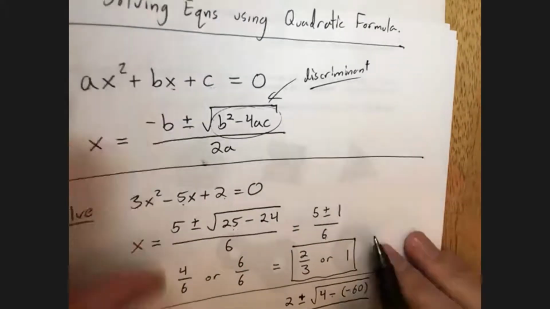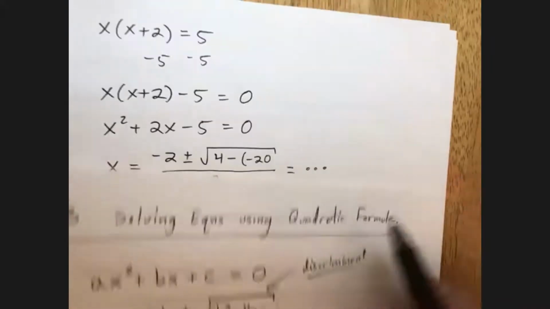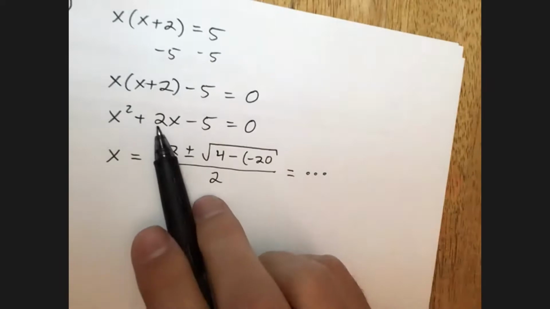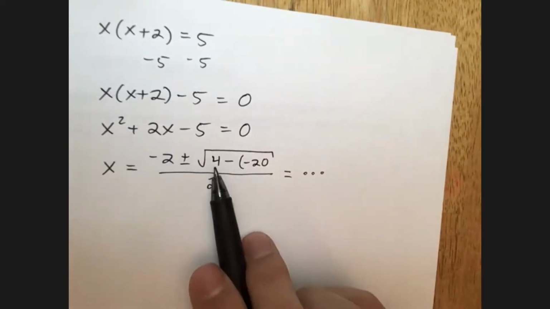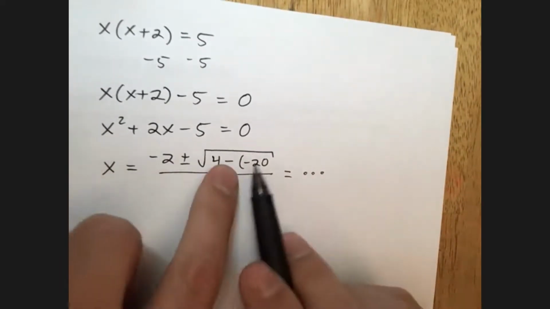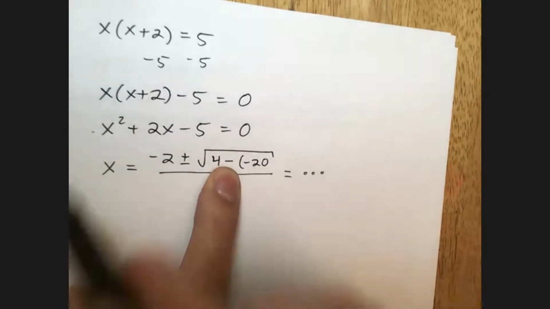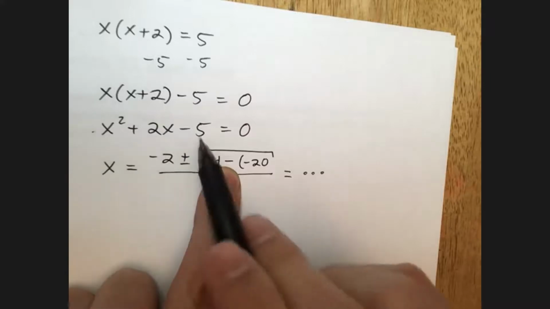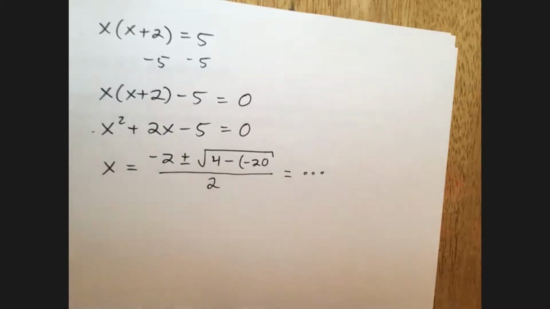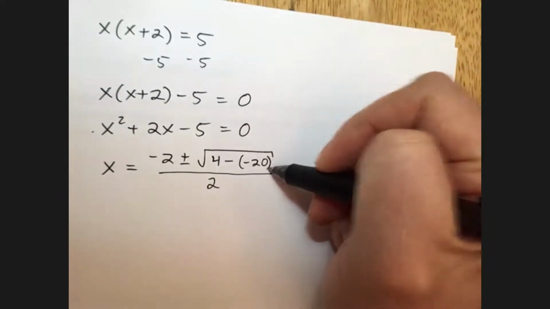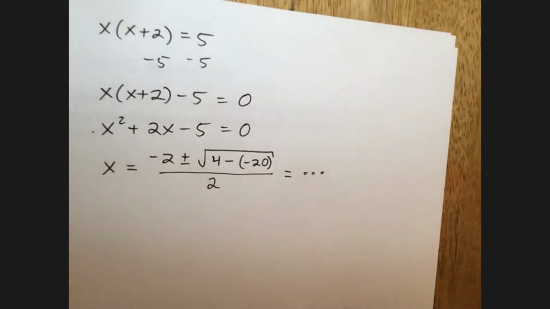But anyway, to your question, it looks like you figured it out. b squared minus 4ac: b is 2, so 2 squared is 4, minus 4 times 1 times negative 5. 4 times 1 is 4, times negative 5 is negative 20. So we're subtracting 4ac, subtracting negative 20, and I forgot my right parenthesis there. I'm glad you pointed that out, because I should have written that. Okay, any other questions?